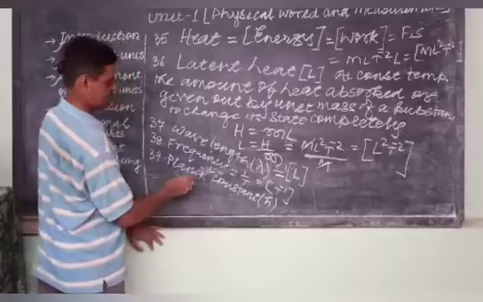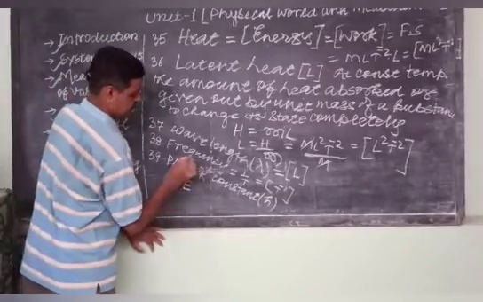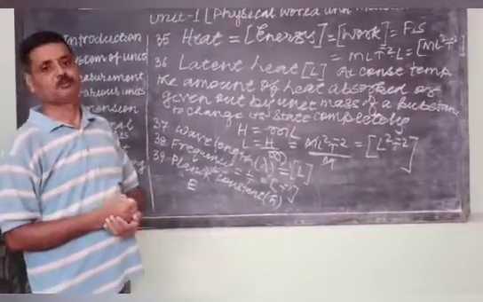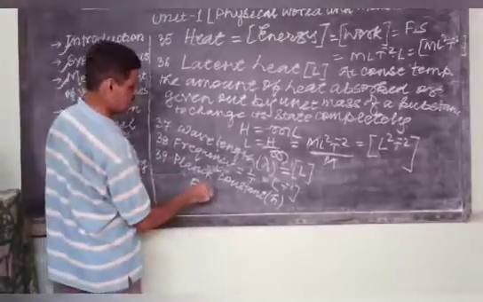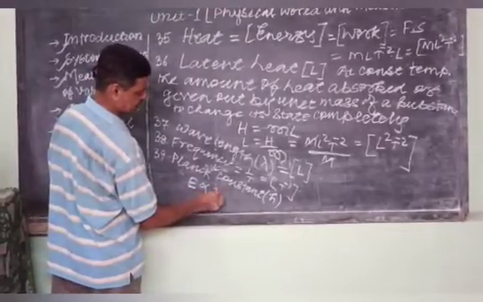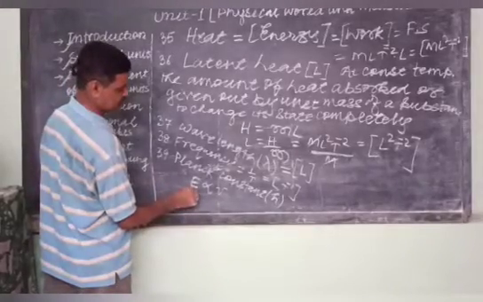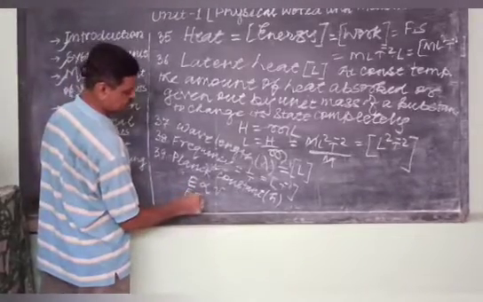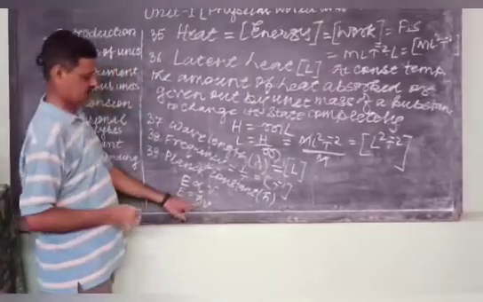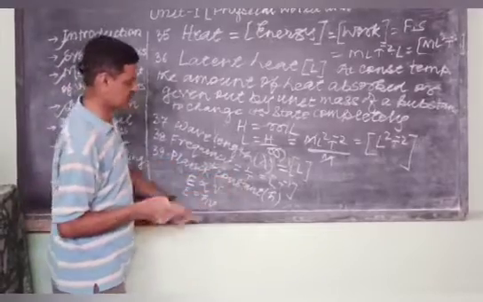According to Max Planck, there is a formula: energy is directly proportional to frequency. So E is directly proportional to frequency, we can write nu. So E is equal to h nu. This h is a constant, that is Planck's constant.